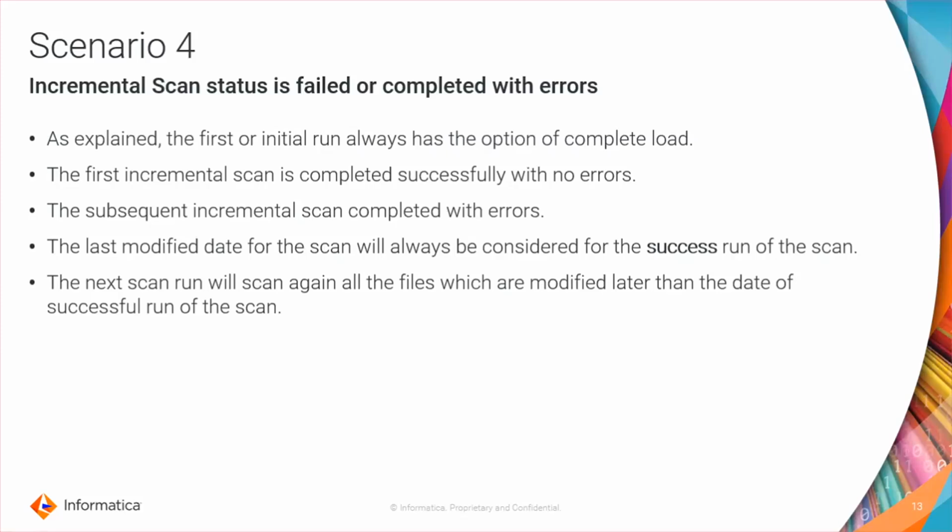Under this situation, the last modified date for the scan will always be considered for the success state run of the scan. The next scan run will scan again all the files which are modified later than the date of the successful run of the scan.